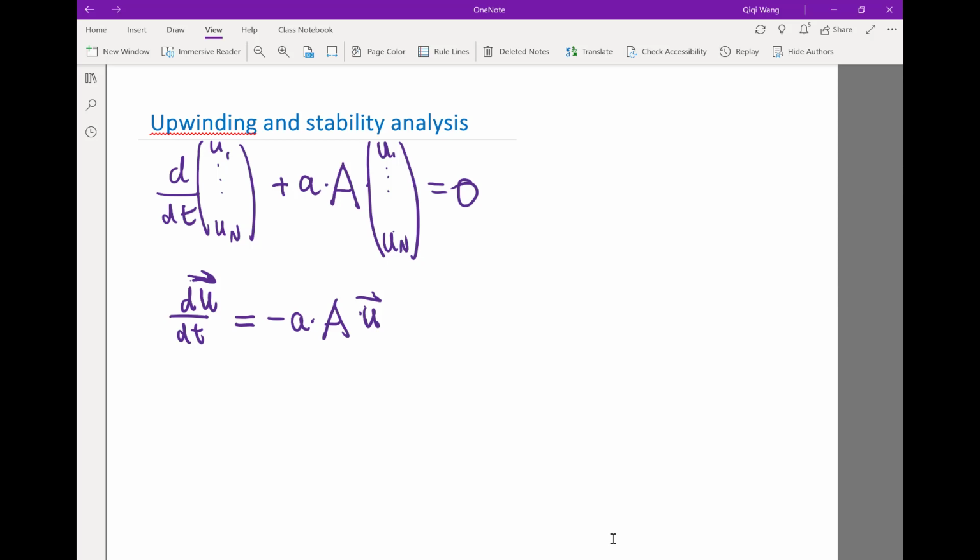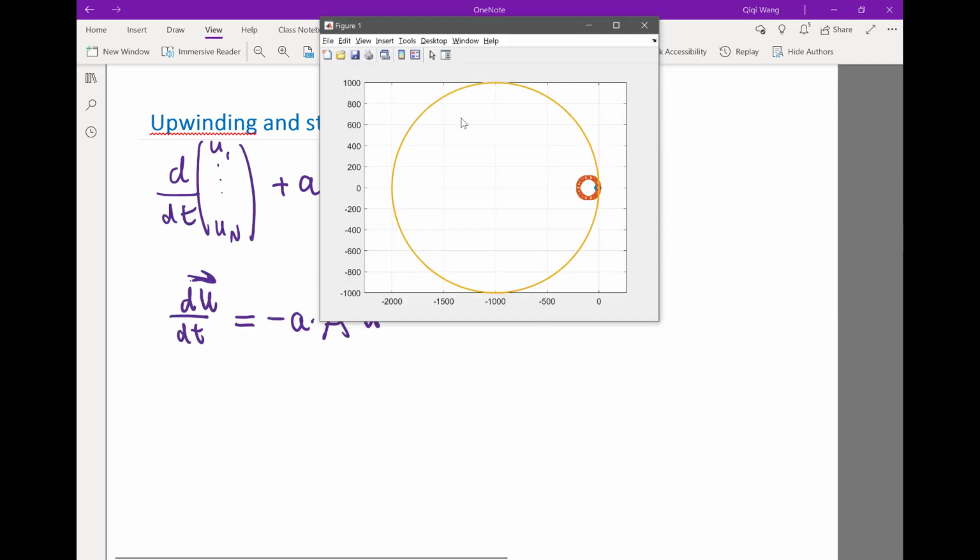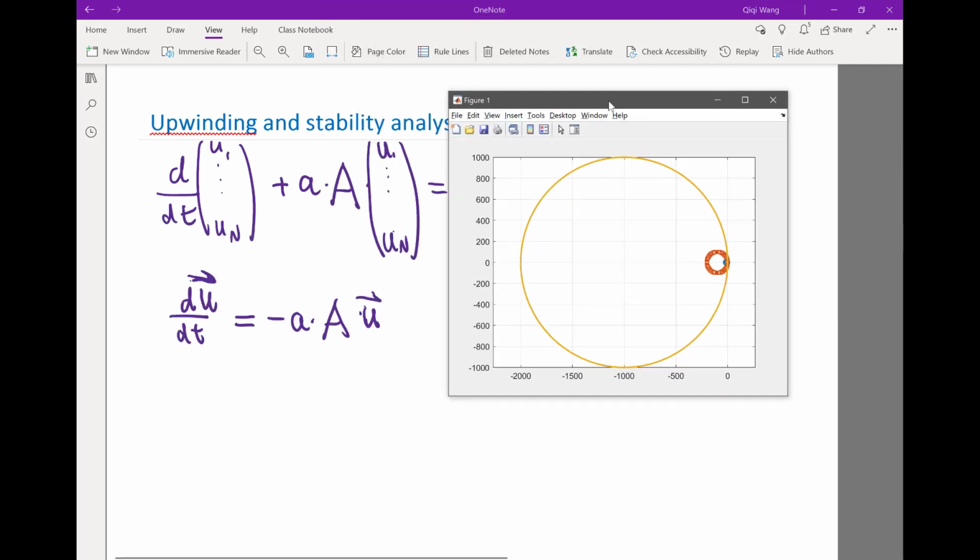Now, is there any surprise that when a is positive, my scheme doesn't work? When a is positive, this minus a times A is going to flip over the eigenvalues to the right-hand side of the complex plane.